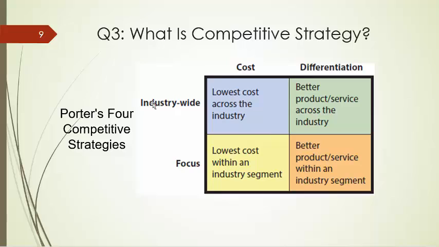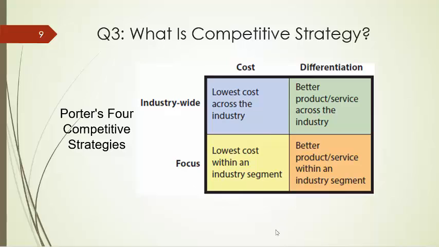Now, you could also be a low-cost producer with a focus strategy. With a focus strategy, you're going after a certain industry segment, and then you can also differentiate within that segment as well. So when you look at Porter's competitive strategies, it's either low-cost producer or differentiation, or a focus strategy where you're focusing on either being low cost or differentiation.